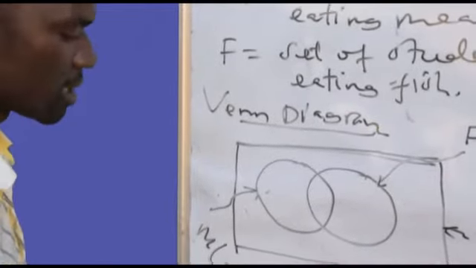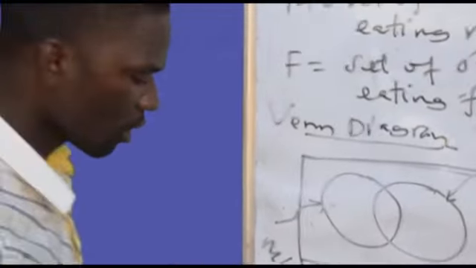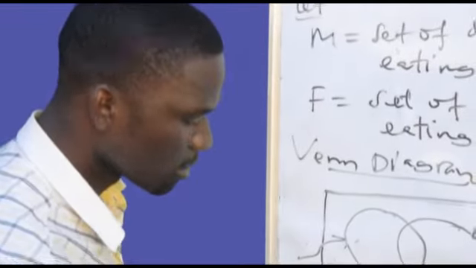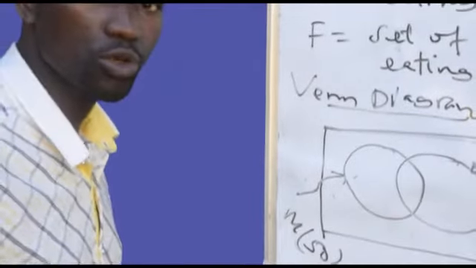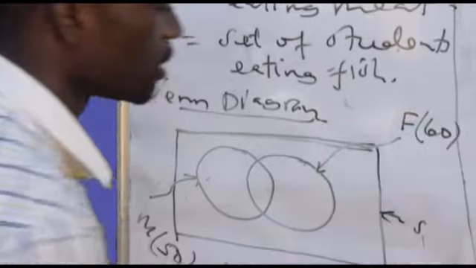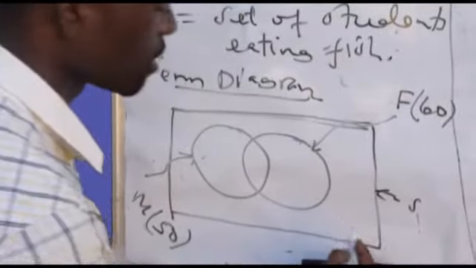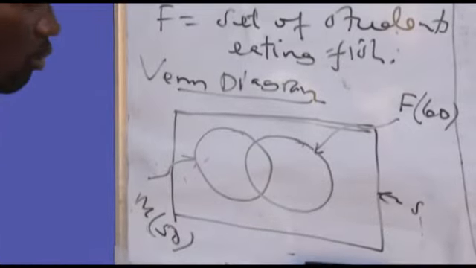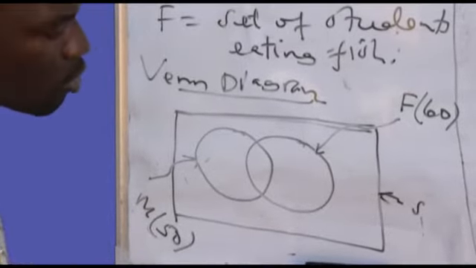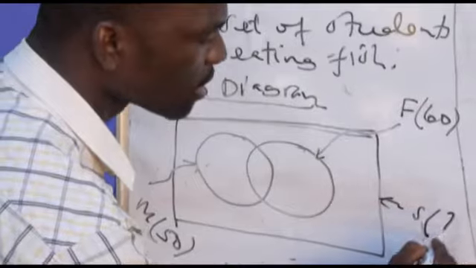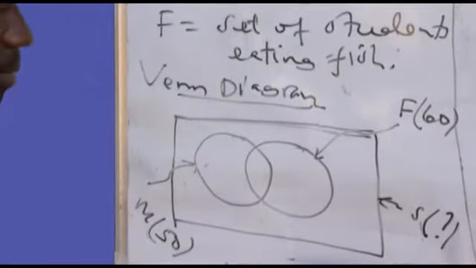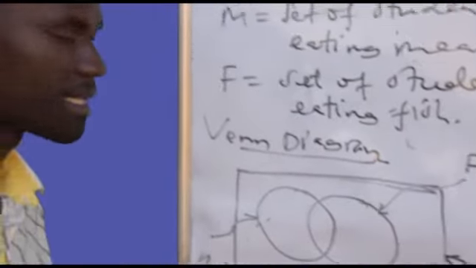The question said earlier that 50 students in the school eat meat, while 60 eat fish, and we don't know actually how many members are in this school, because it has not been said.